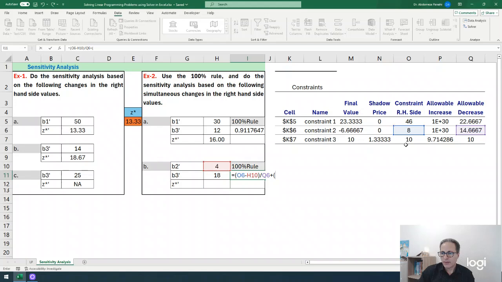For B3, it changed from 10 to 18, then 18 minus 10. It is kind of an increase, then I need to divide by the allowable increase, which is this. So 1 increase and 1 decrease.